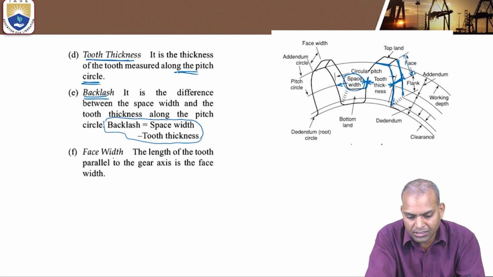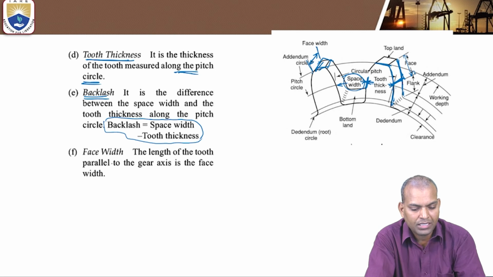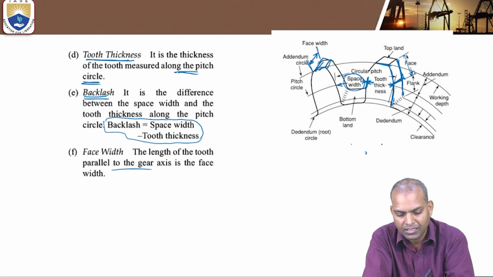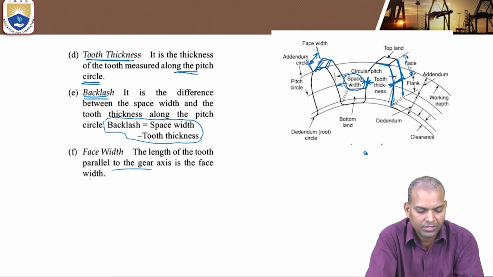Now, the next term is the face width. What is the face width here? The length of the tooth parallel to the gear axis is known as the face width.